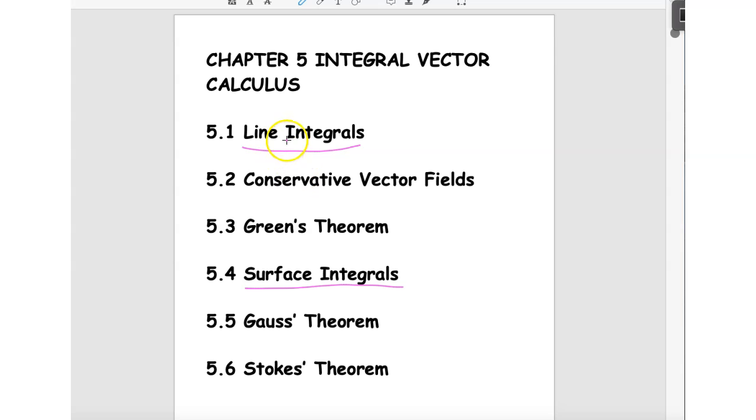For the line integral, what we have to look at is the word integral, so you have to integrate. In this case, you have to deal with single order integration. For surface integral, you have to deal with the double integral.